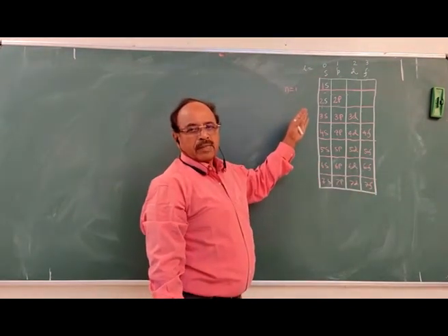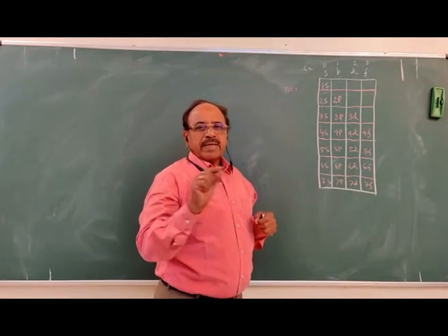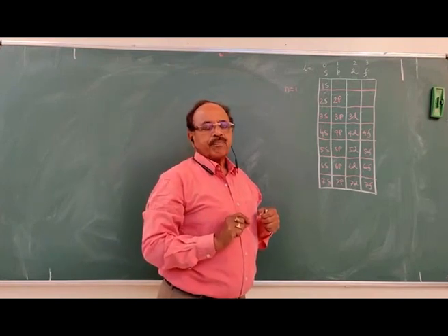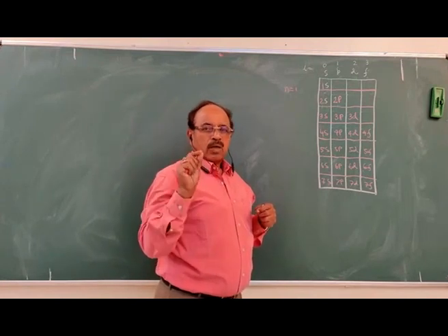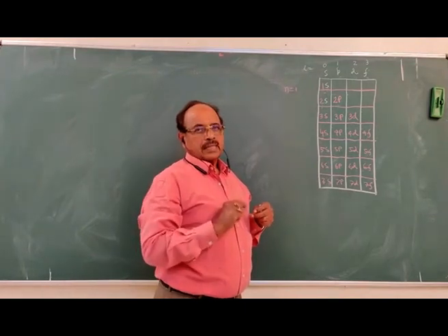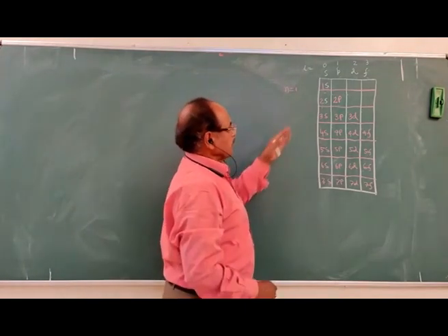So the principal quantum number indicates the period number of the periodic table, and it also indicates the outermost shell. So this is the way.